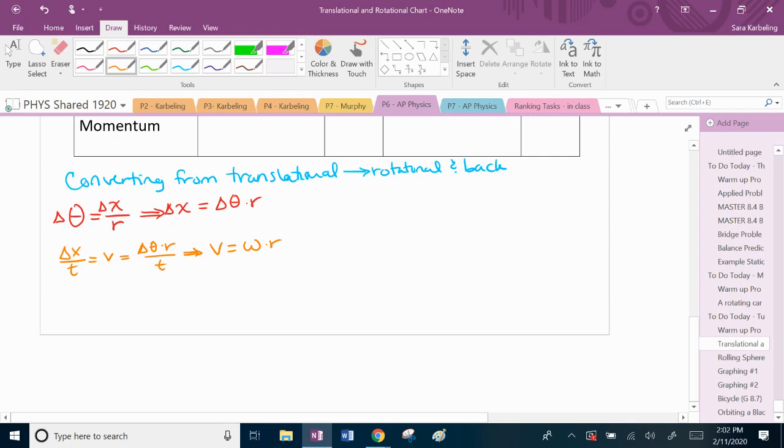Okay. We can take it one step further. We can say that delta v over t is equal to a, which really just happens to be omega times r over t, and change in omega over t.